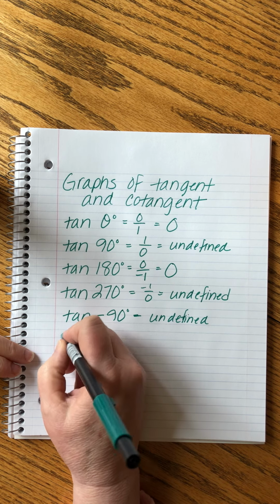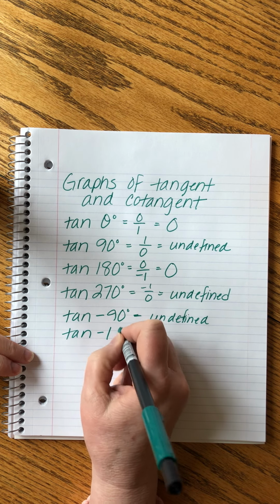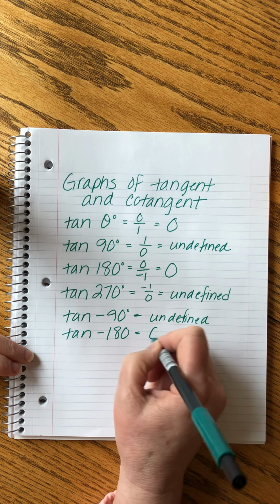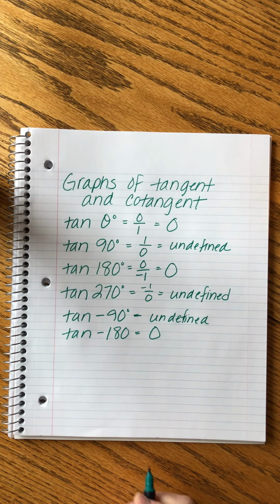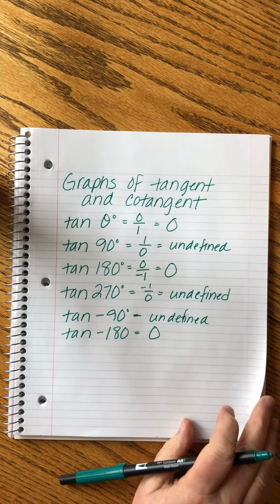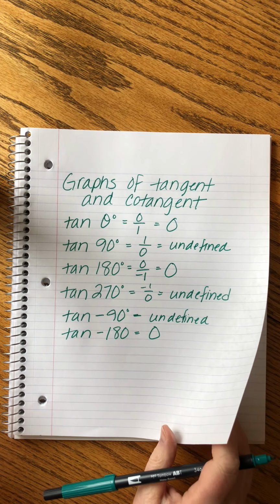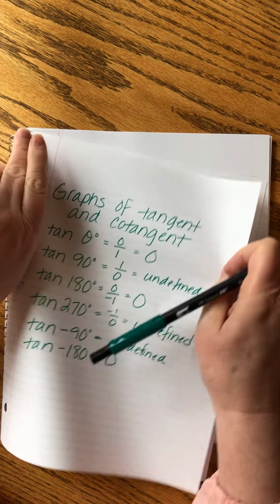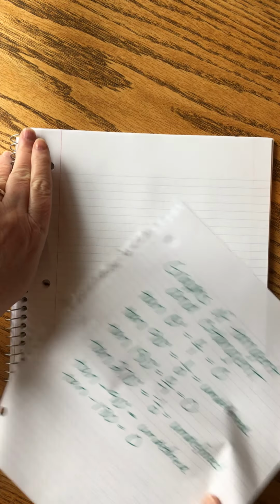And tangent of minus 180 will be 0. So let's put this together onto a chart and see what it looks like. I'm going to keep this page handy. I'm going to rip it out and keep it handy so that we can graph and refer to it.